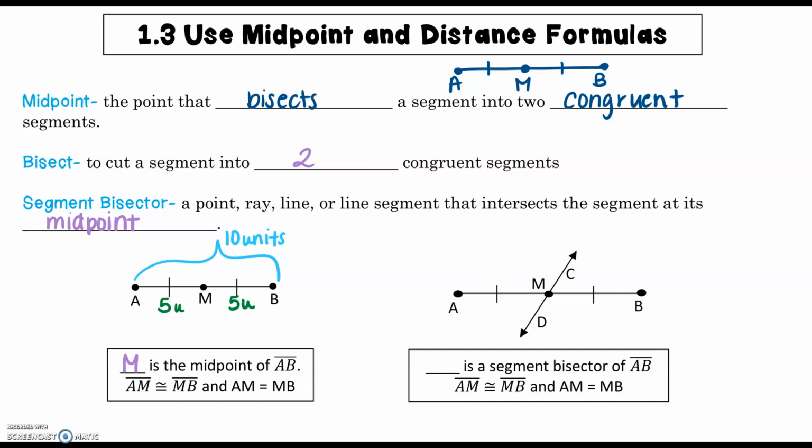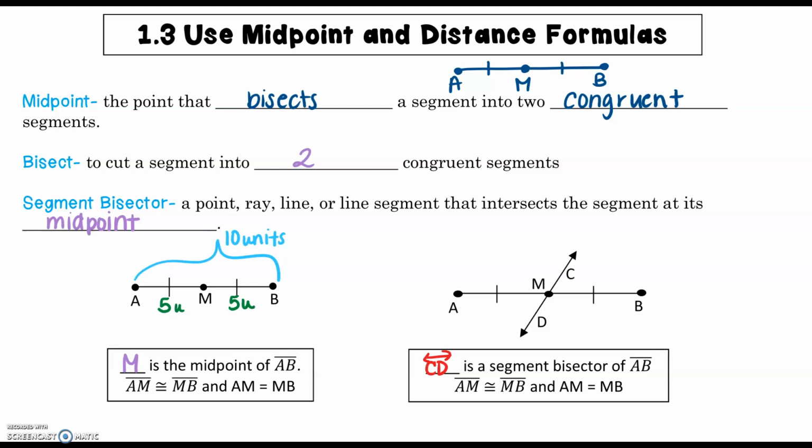On the right, here we can say that line CD is a segment bisector of AB. It's the line that bisects the segment. It intersects the segment at the midpoint. So again, we can say that the length of AM is equal to the length of MB.